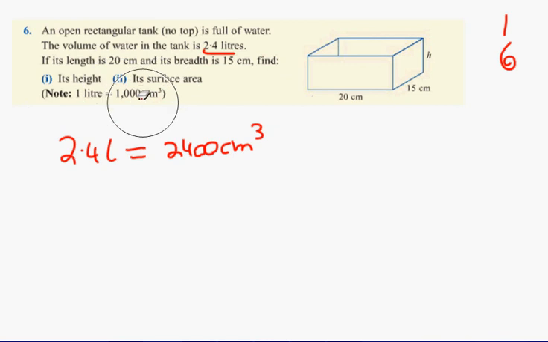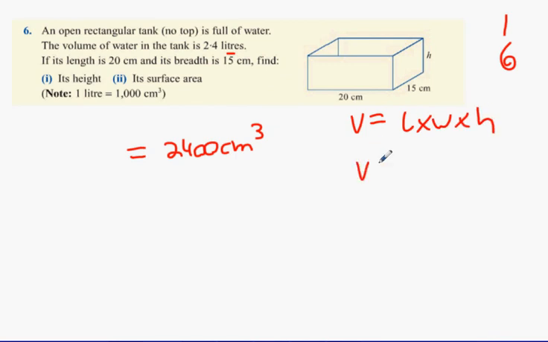Now what I have to do is calculate its height. What is the volume of a box? Anybody tell me the volume of a box? Length by width by height, which is going to be what? 20 times 15? 300 multiplied by the height, h.